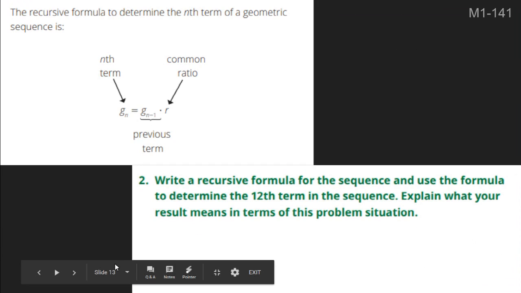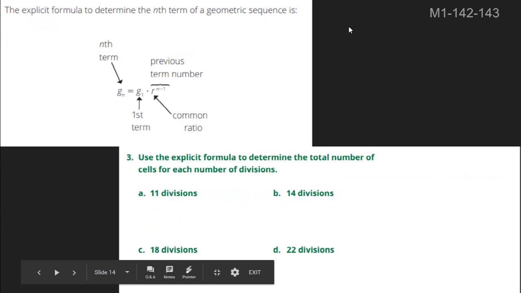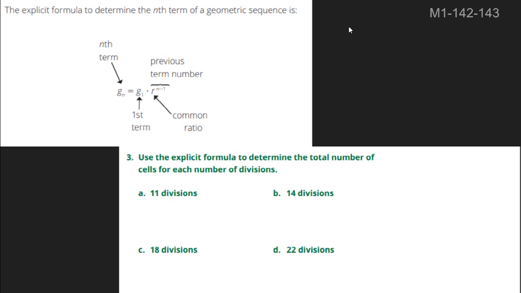All right. So now, we're going to learn how to do the explicit formula for a geometric sequence. Again, it starts out the same way that all of these have. It starts out with G to the nth term, which just means whatever term we're after in a geometric sequence. Just like the arithmetic one, it starts out equal to the first term.